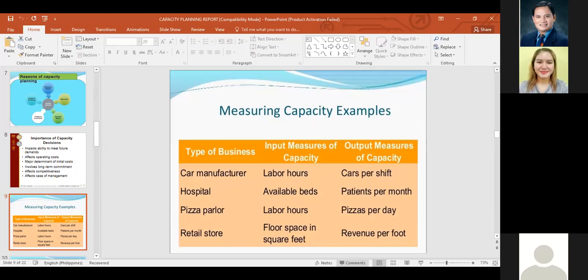In a pizza parlor, same with the car manufacturer, the input is labor hours, and the output is how many pizzas per day. In a retail store, the input measure is the floor space in square feet, and the revenue per foot is the output.